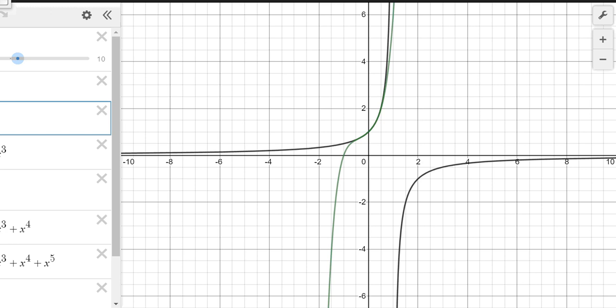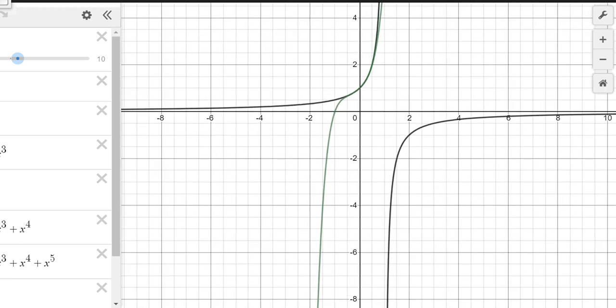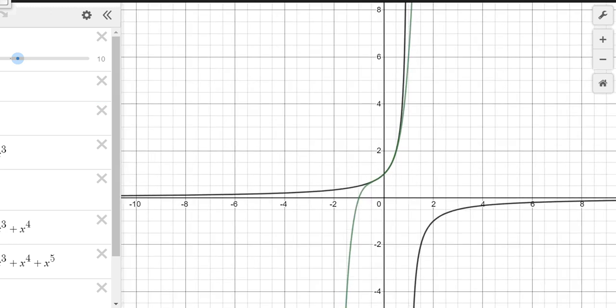Well, it seems to me that in this vicinity on the graph, right around 0, each successive curve is fitting that black graph a little bit better, right? This one back here was just the second degree equation, and it seemed to be fitting pretty well. But then you get to the fourth degree equation, and you see how that red curve is even a little bit tighter. Now, it's not tight everywhere, right?